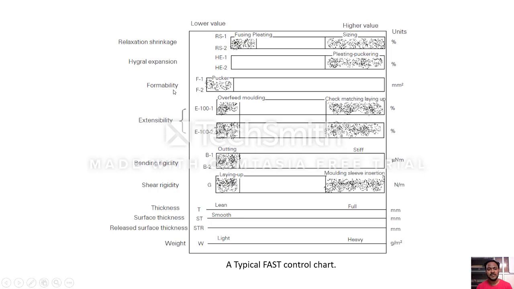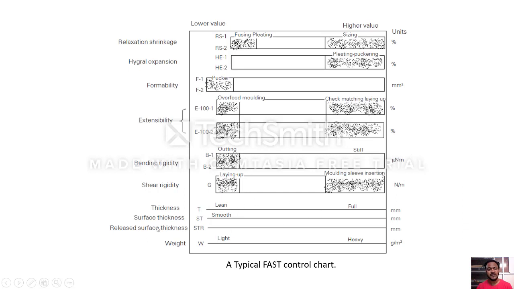Formability, which we discussed in the last lecture and which is calculated from the FAST 3 instrument, has the unit millimeter square. Extensibility is expressed in percentage. Bending rigidity is expressed in micronewton meter. Shear rigidity is expressed in Newton meter.